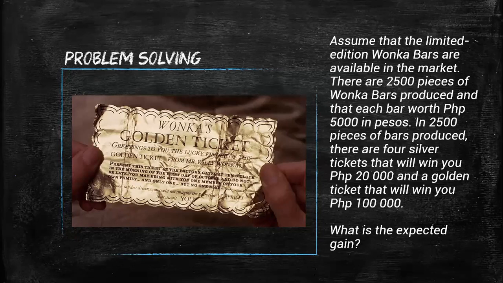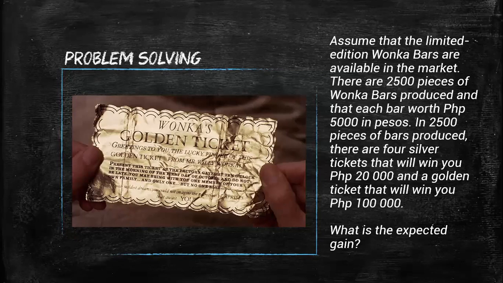Now, kunwari Hershey's or Cadbury would pay tribute to Willy Wonka's bars. So meron tayong 2,500 kunwari na ipoproduce. And then may paraffle daw yon. Out of 2,500 bars, meron 4 silver tickets na isang ticket worth 20,000 kapag nabunot mo siya.